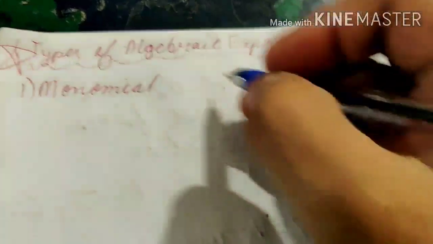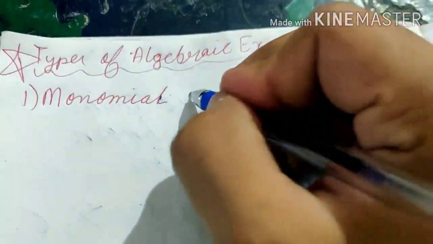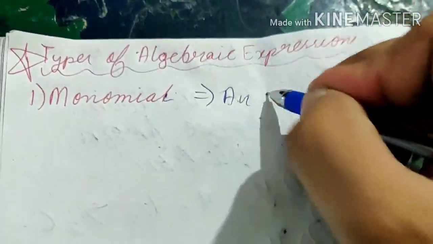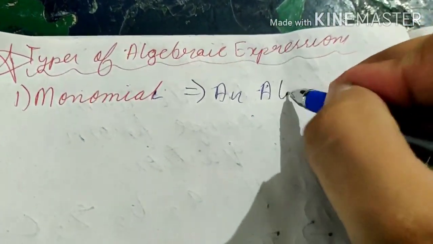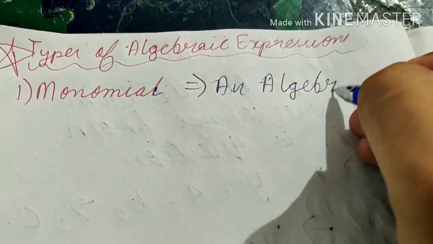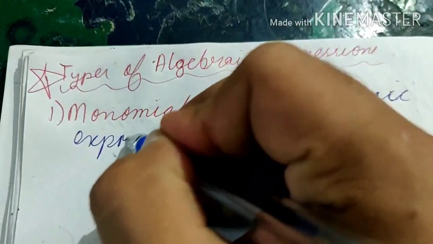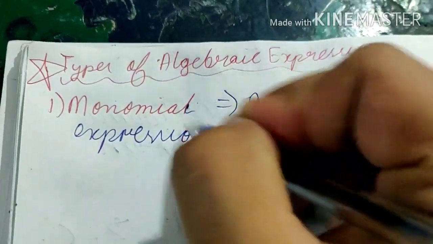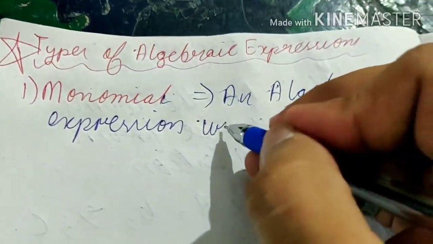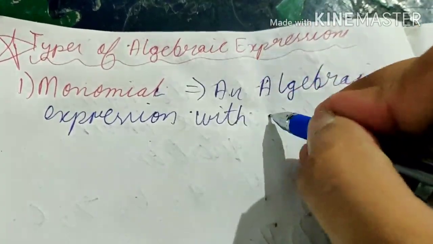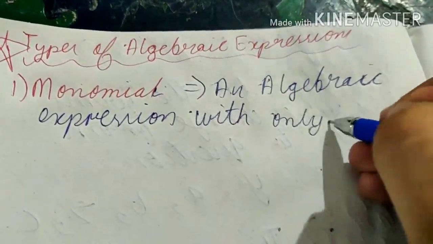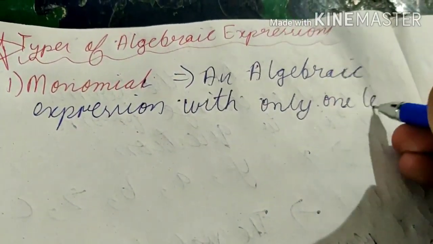So the first type is monomial. What is monomial? An algebraic expression with only one term.